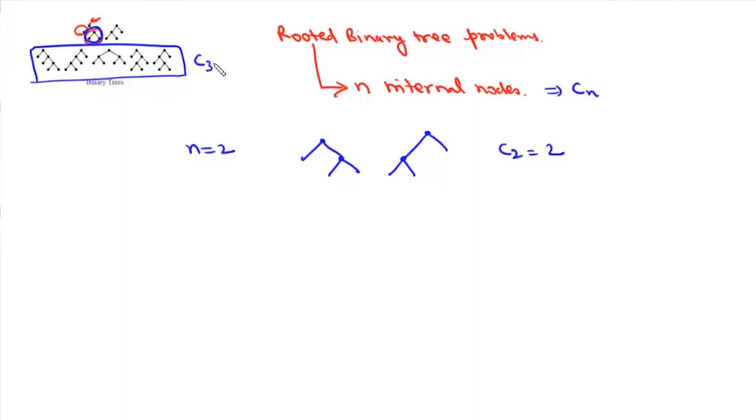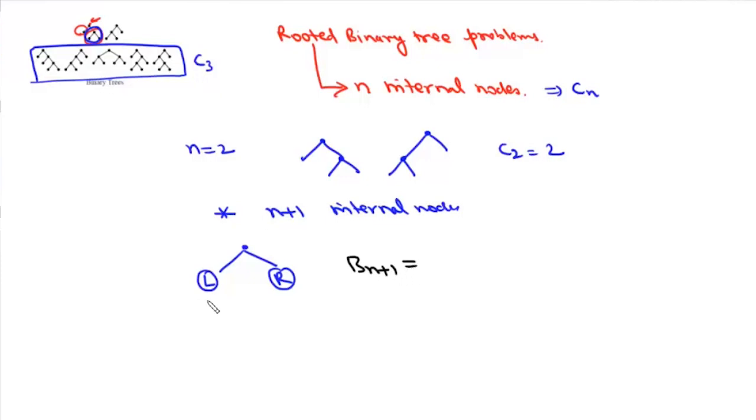Now if we consider any binary tree having n plus 1 internal nodes, then we have this root node, and then we'll have some nodes on the left and some nodes on the right. The number of such trees is given by, say, bn plus 1.